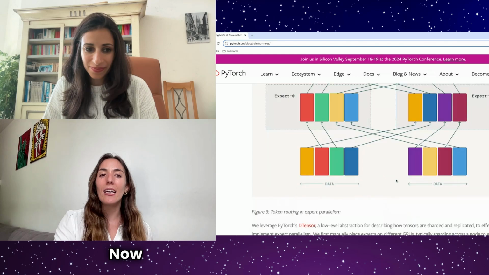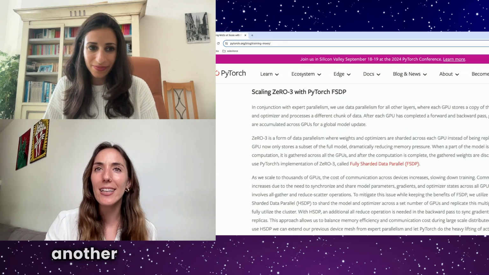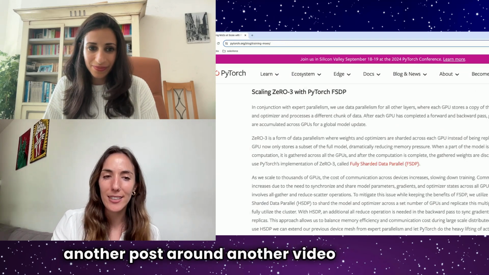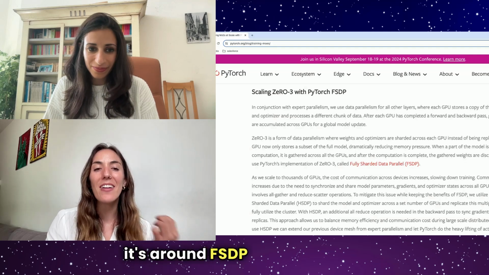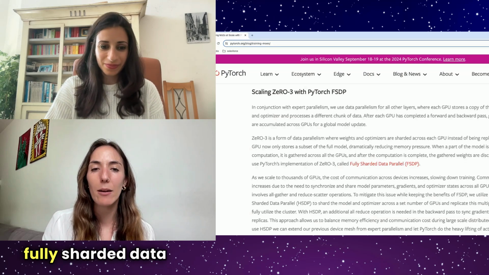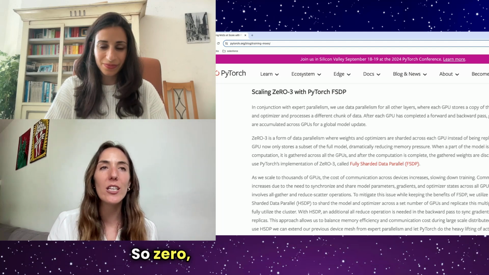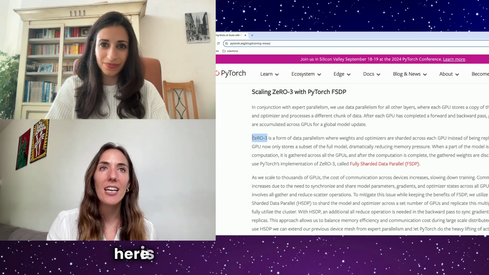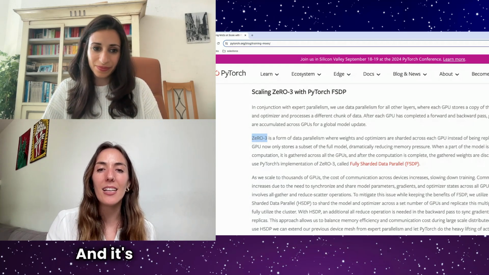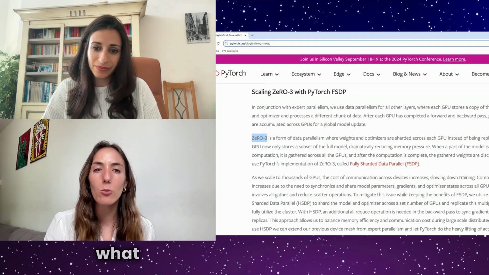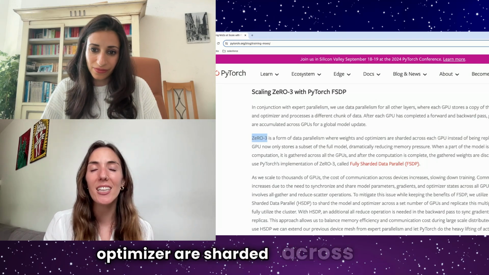Now, the last thing: we have done another video on this, around FSDP, or fully sharded data parallel, and hybrid sharded data parallel. As you can see here, it is a form of data parallelism, a fully sharded data parallelism, where the weights and the optimizer are sharded across the GPUs.